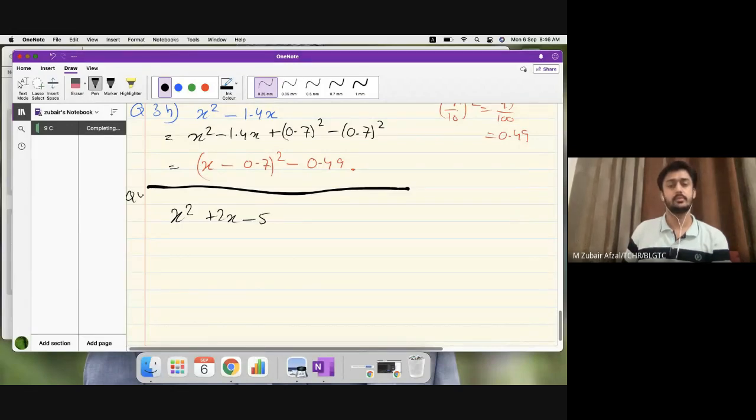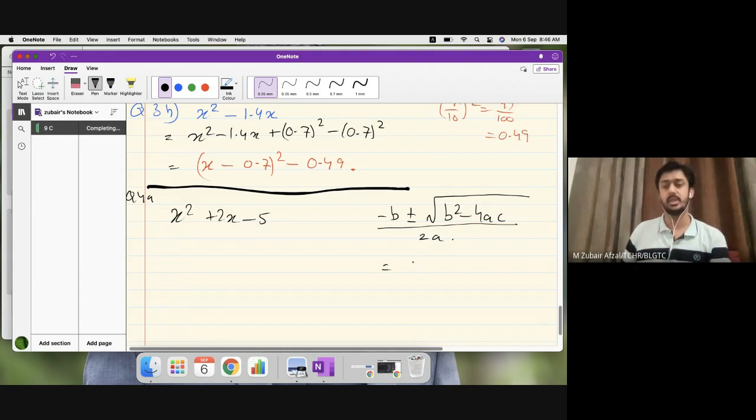This is question 4a, and the quadratic formula was x equals minus b plus minus under the root b squared minus 4ac over 2a. And if you don't remember what a, b and c were, it is ax squared plus bx plus c. The coefficient of x squared is always a, the coefficient of x is b, and the remaining number, the constant, is c.